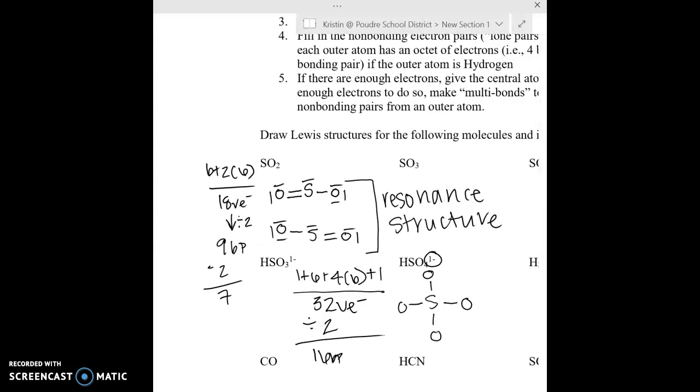You'll notice sulfur already has a full octet from attaching the oxygens. So we're going to put the H on an oxygen. And this will always be the case, you guys. You always put hydrogens on an oxygen, okay, if there's an oxygen available. All right, so now we're going to go ahead and fill out the rest of our bonding pair.